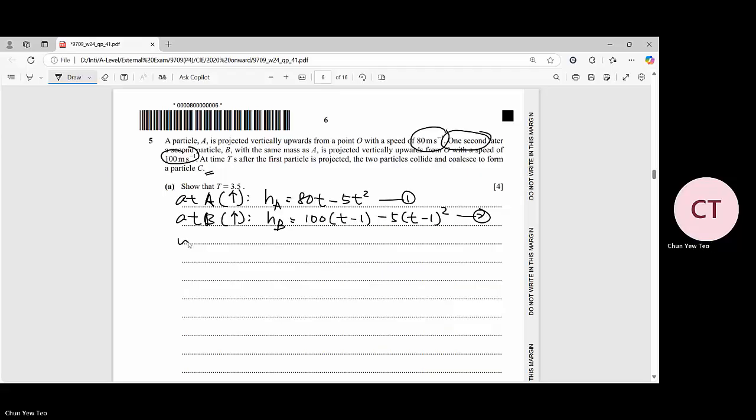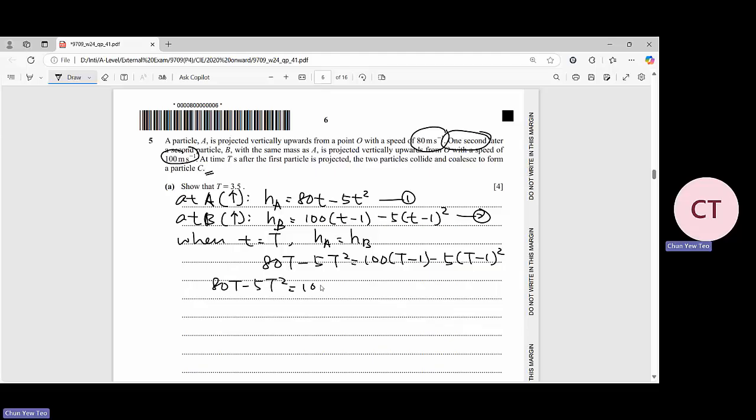When the time is t, your HA and HB are the same because they collide. So you will have 80t minus 5t squared is equal to 100 times t minus 1 minus 5 times t minus 1 squared. So we just need to expand and simplify it.